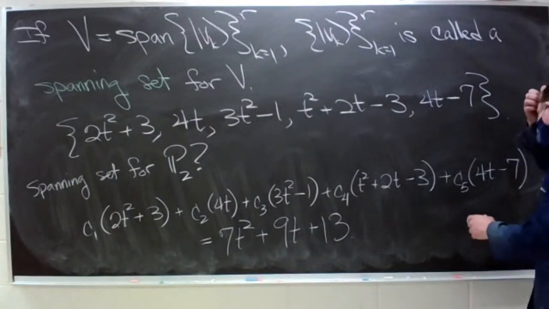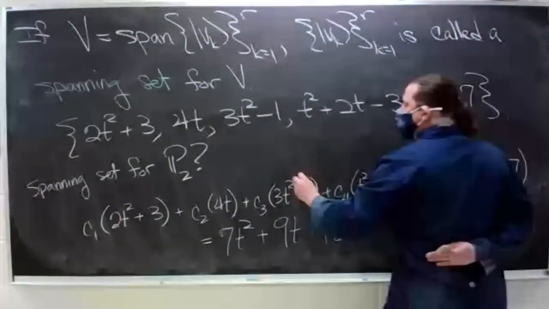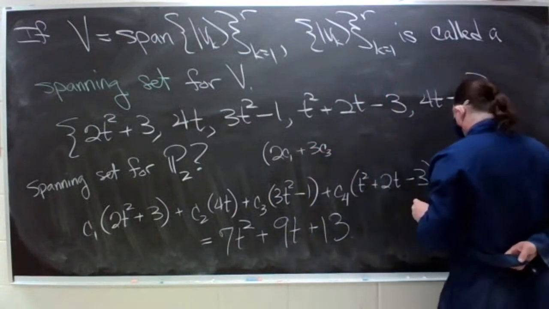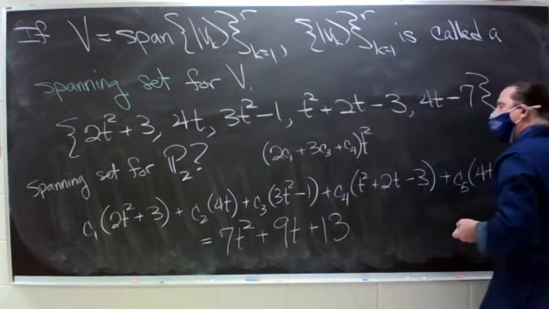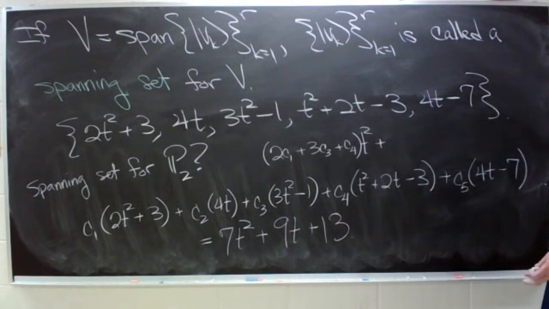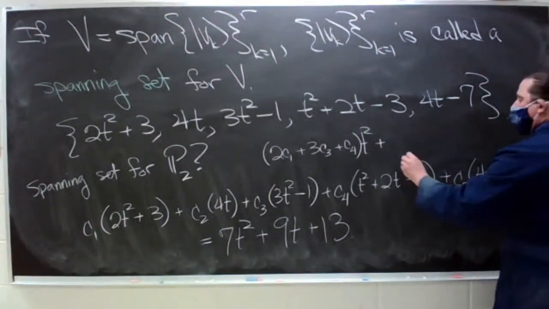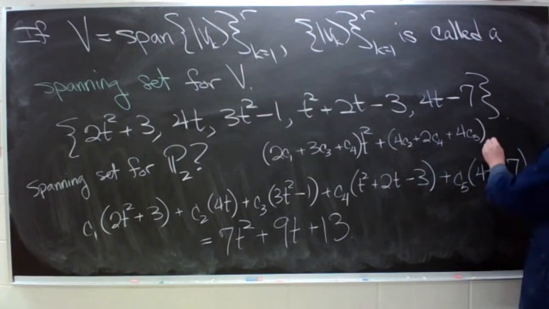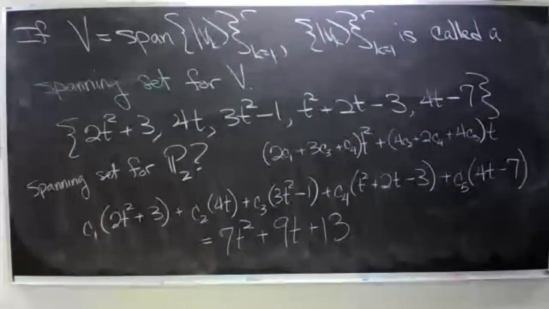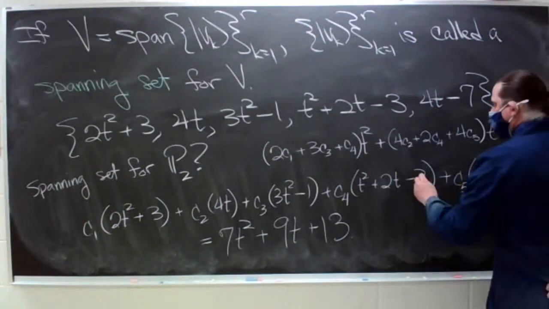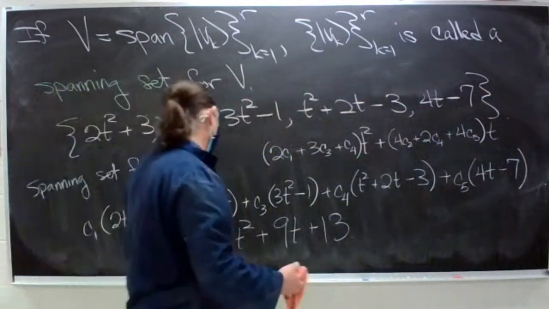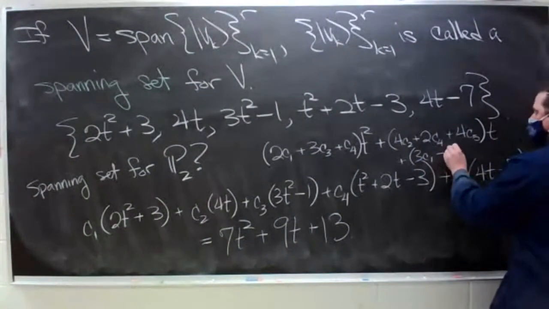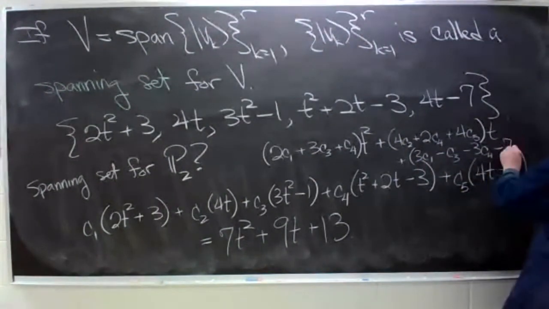right? So we would end up getting 2c1 plus 3c3 plus c4 t squared plus 4c2 plus 2c4 plus 4c5 t plus 3c1 minus c3 minus 3c4 minus 7c5.